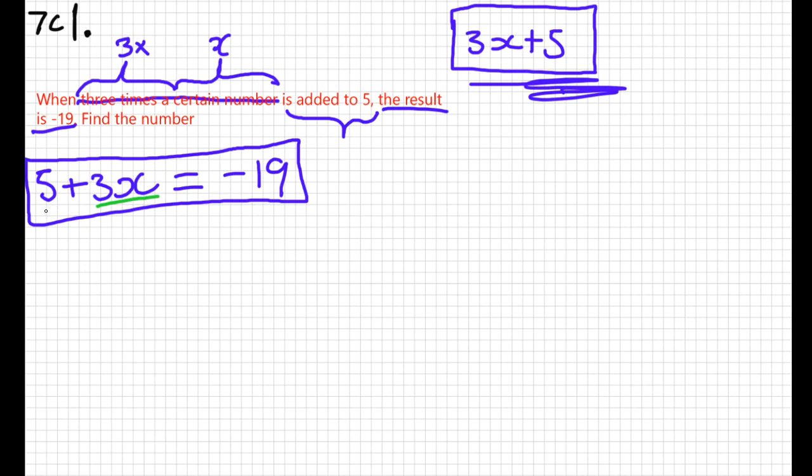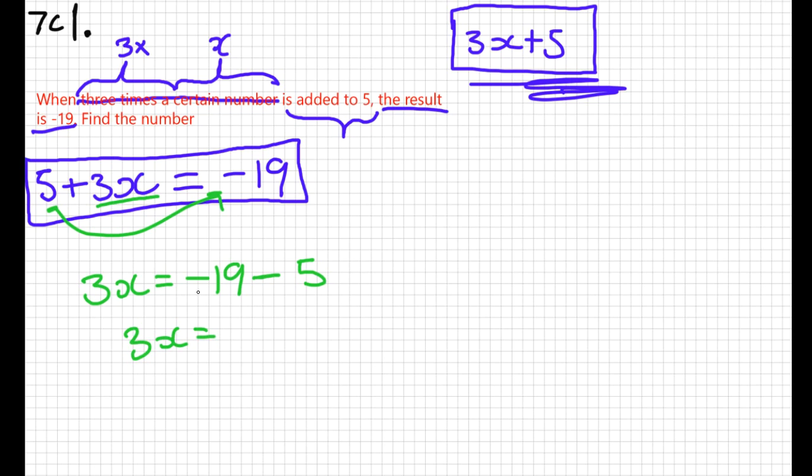So we can start by moving this 5 over to the other side of the equation. And so if we move that 5, all we have left on this side of the equation is the 3x. So I'm going to write that. We've got minus 19. And now we've moved this 5 over. On this left-hand side, it is a plus 5. When I move it over, it will be minus 5. So we're going to draw a new line.